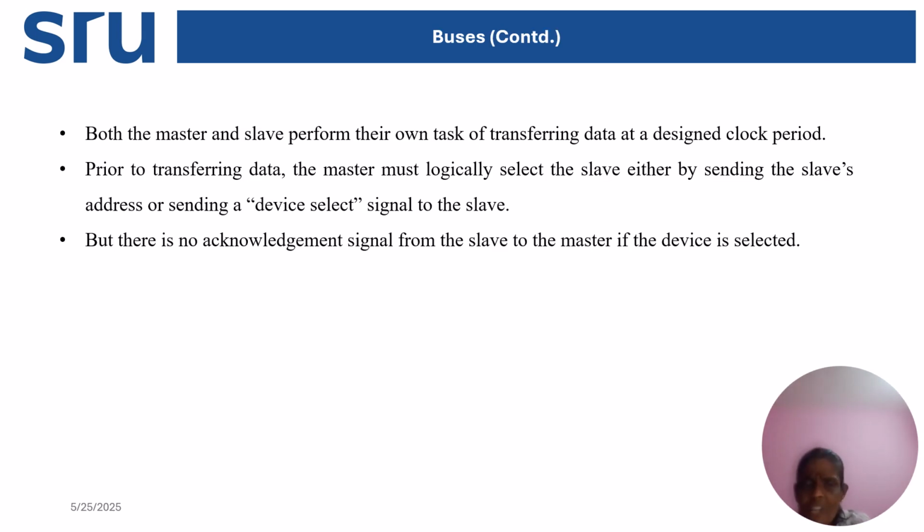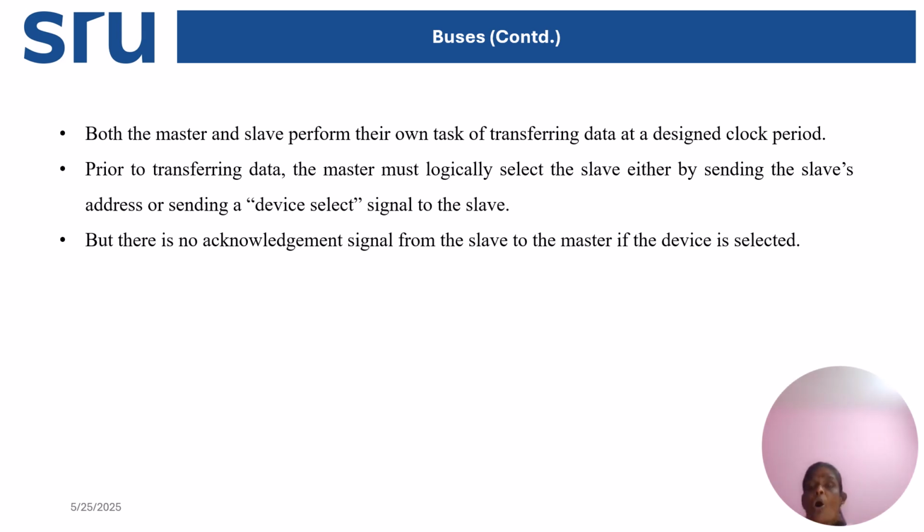Both the master and slave perform their own task of transferring data at a designed clock period. Prior to transferring data, the master must logically select the slave, either by sending the slave's address or sending a device select signal to the slave.